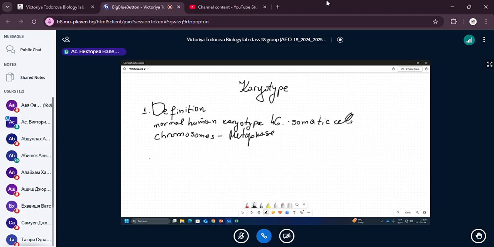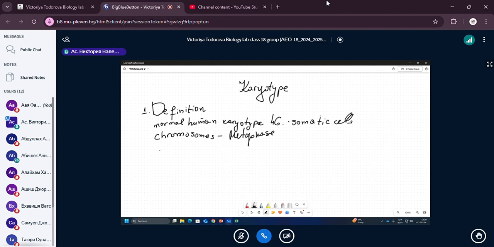And after that, these chromosomes in karyotype, in karyogram, here is the difference. We have to talk about the difference between karyogram and karyotype. In the karyogram, we arrange them and order them in their right position as homolog pairs.